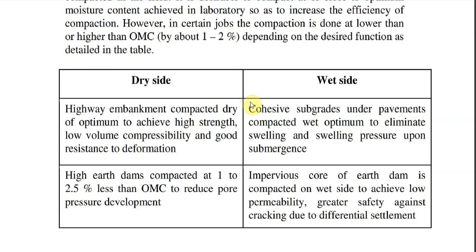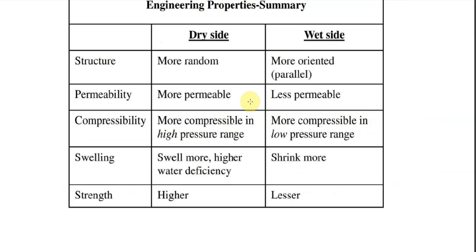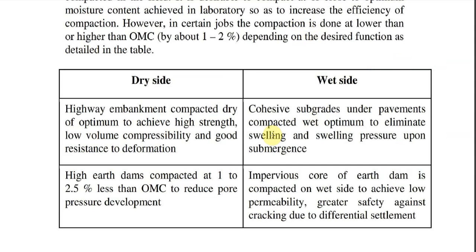I showed you in the previous class, if the soil is on the dry side of the optimum, the swelling is more. So we want to eliminate this swelling. That's why we'll compact on the wet side of the optimum. So if the soil is cohesive, we are compacting on the wet side of the optimum.